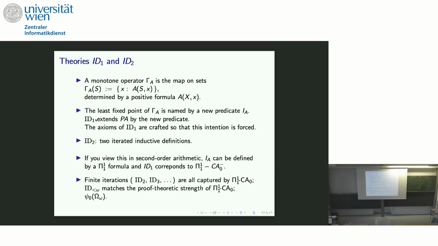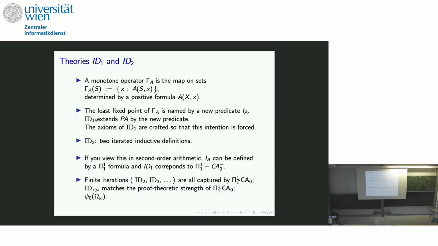But just for the sake of completeness, the theory ID1 is an extension of PA with a new predicate, and this predicate is the least fixed point of a monotone operator. The theory ID1 is defined as all the axioms of PA plus two more axioms that force this predicate to be the least fixed point.